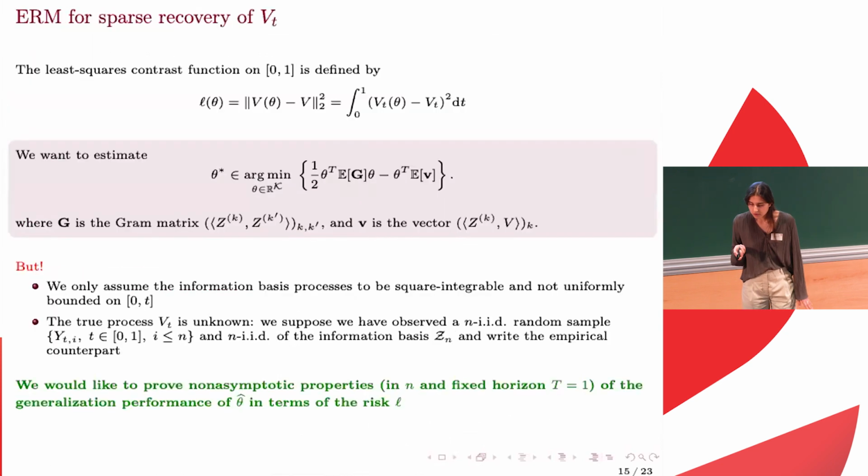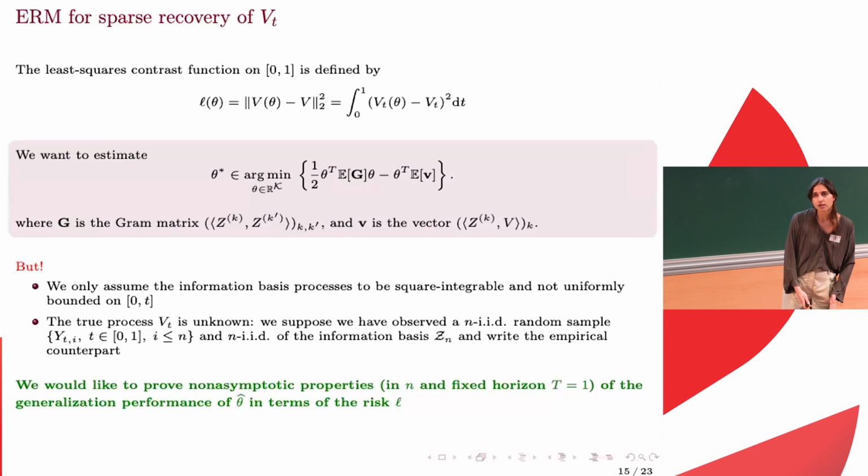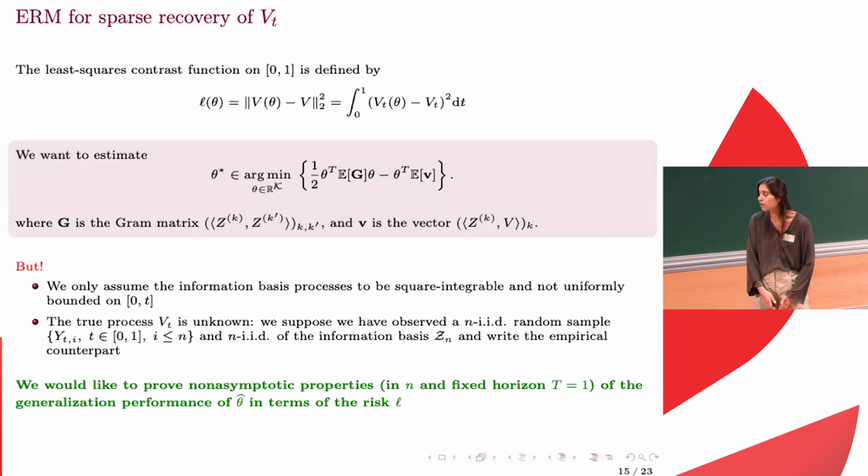And so now that I have chosen my specific decomposition, I have fixed my stochastic information basis, I can ask how to learn the optimal theta. Okay, and we propose to do so by minimizing the least squares contrast function on the observational time [0, 1], where it's just the L2 norm between my model V of theta and the true process V that I do not observe.